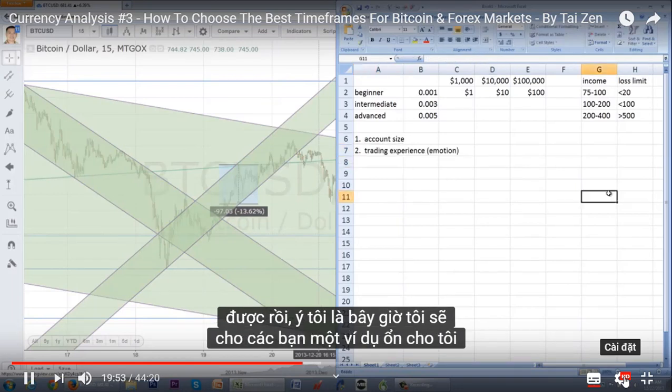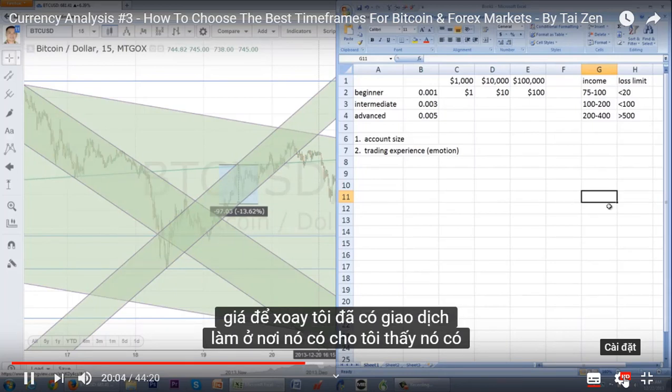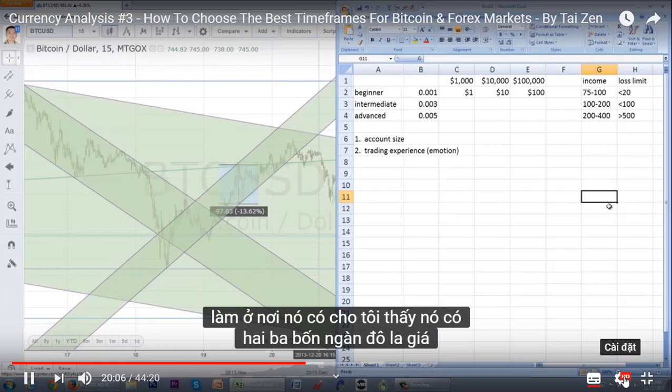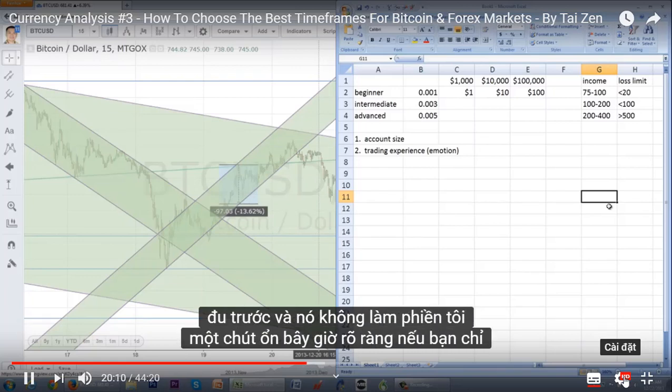Now I'm going to give you guys an example. For me, I've had trades where the price had a $2, $3, $4,000 swing before, and it does not bother me one bit.